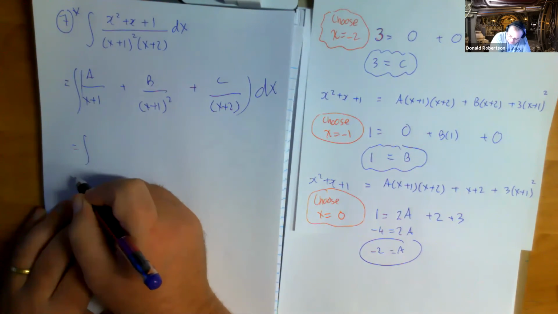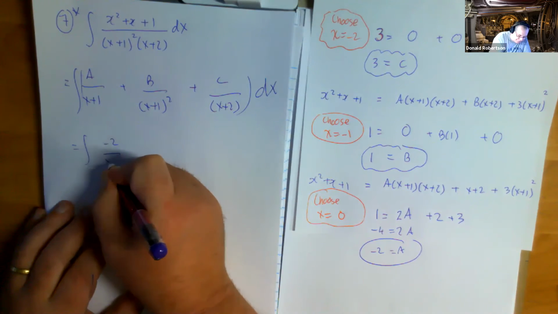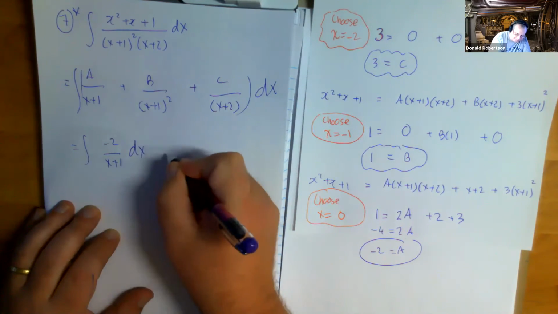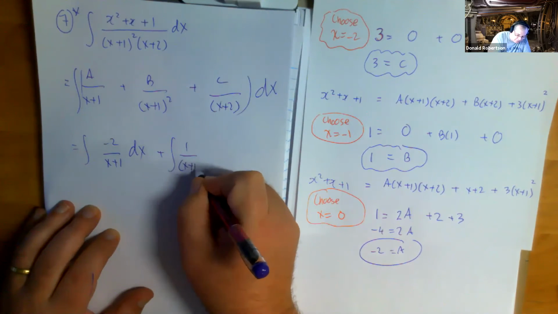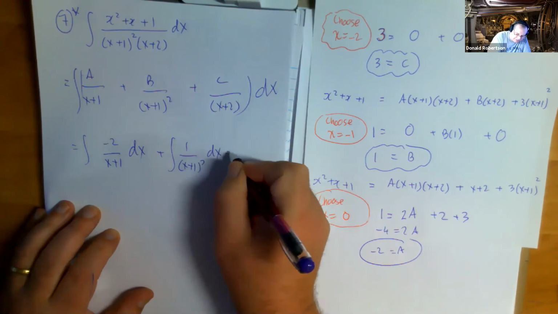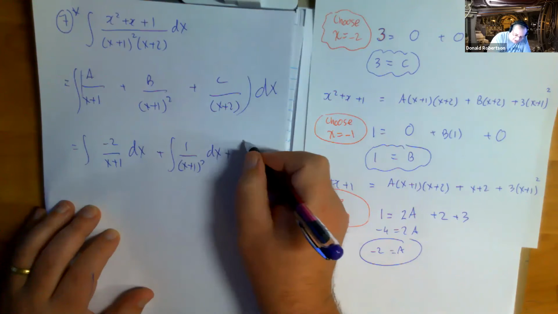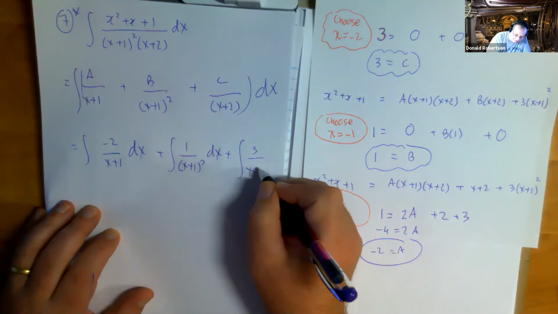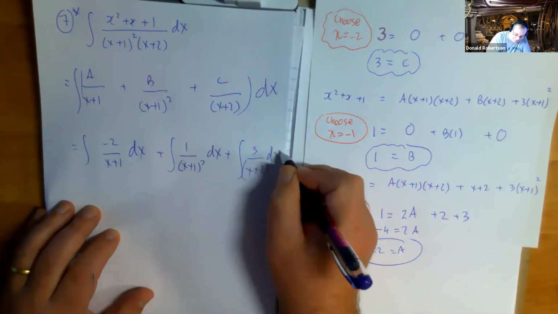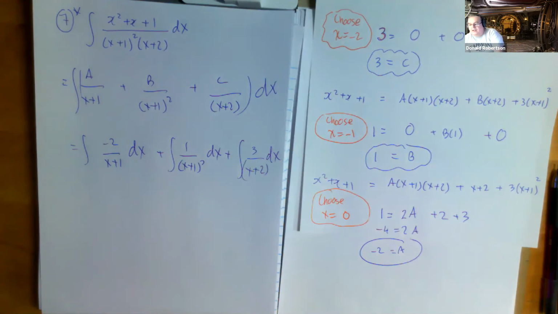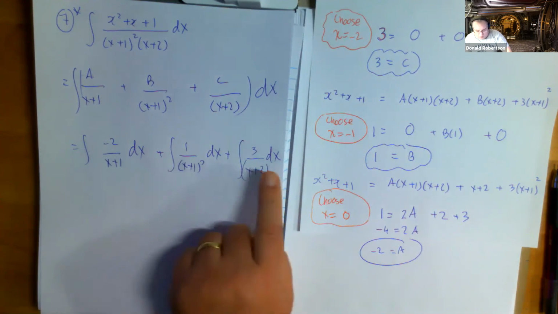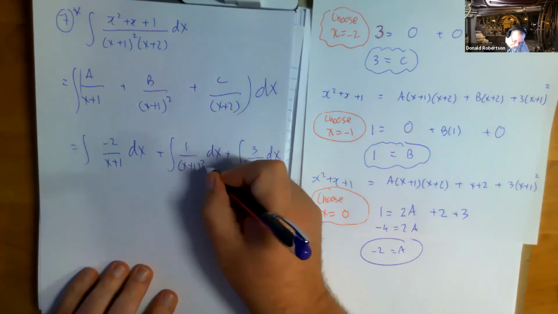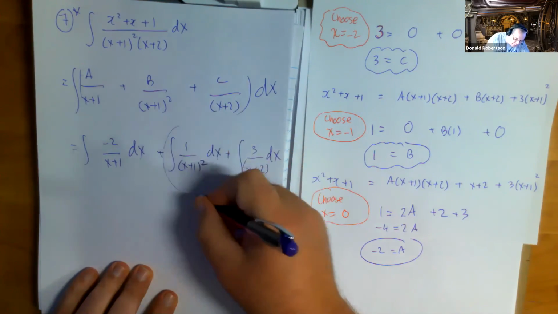So A is worth negative 2, so I'll do that separate. The B is 1, so I'll do that separate. And the C was 3, so I'll do that separate. Right, so you basically just think of 3 separate integrals. Won't that get you a log? How am I going to get that guy?